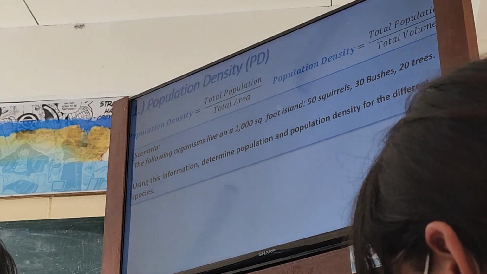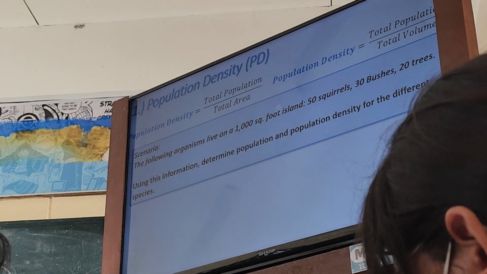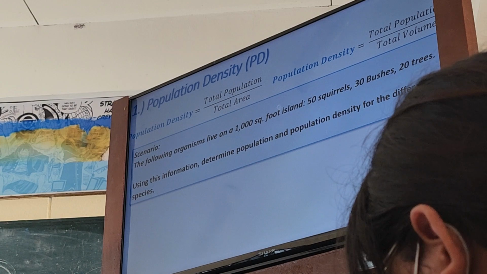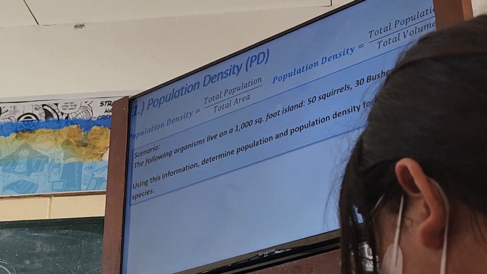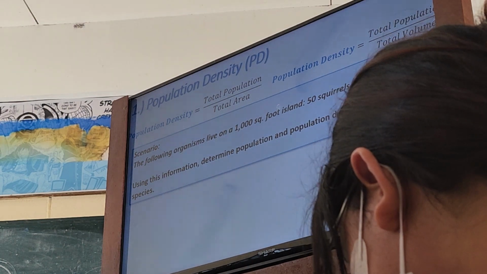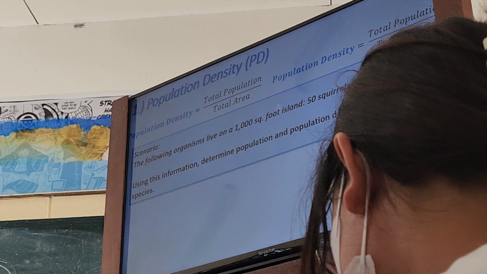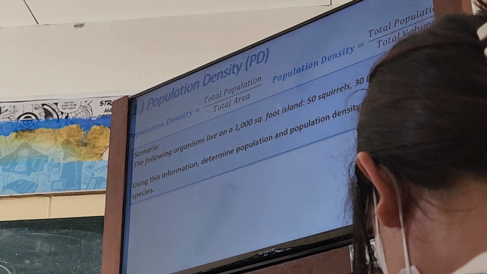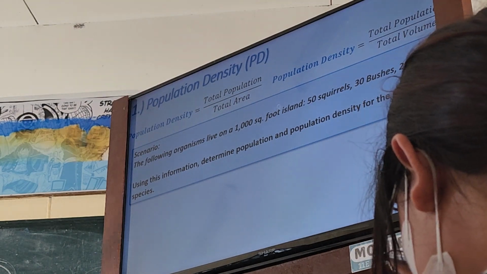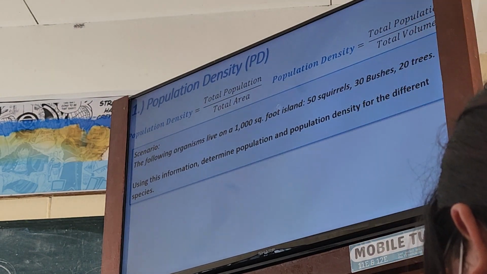I was also asking for the population for the different species present. It's a common mistake. Do not make that mistake again. Since we're talking about population, there are different populations per species, because these are members of the same kind.